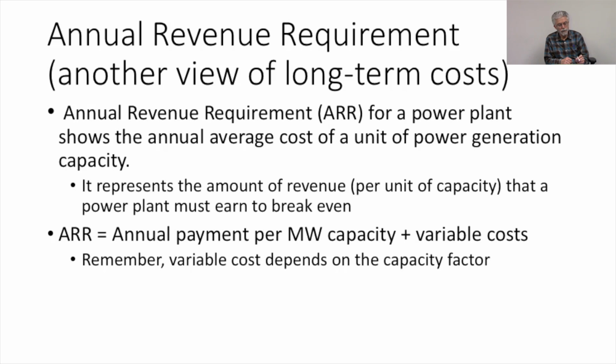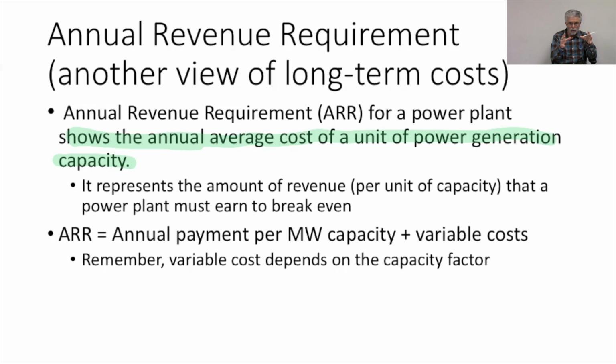So this shows, for a given power plant, the annual average cost of a unit of power generation capacity. For each unit of capacity, for each megawatt of capacity we're building, how much money does that megawatt have to bring in each year to make it worth putting in place?